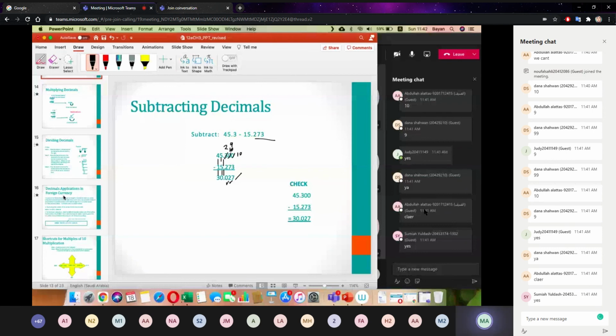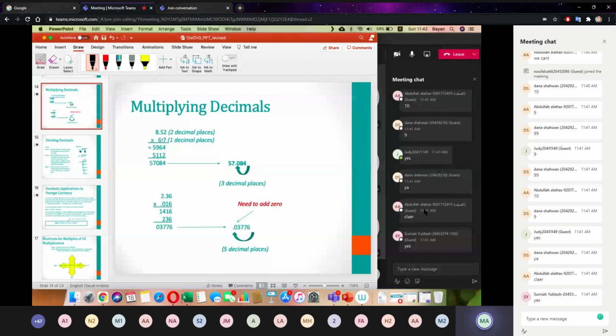Okay. Here we have multiply. 8.52 times 6.7. We multiply, we don't look at the decimal here. We multiply as a normal or whole number.